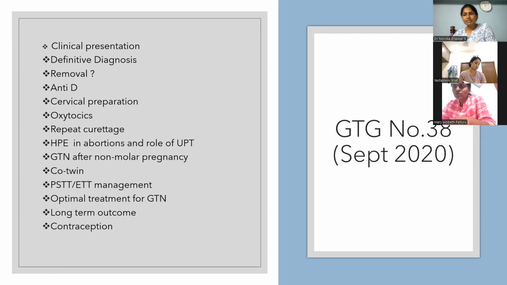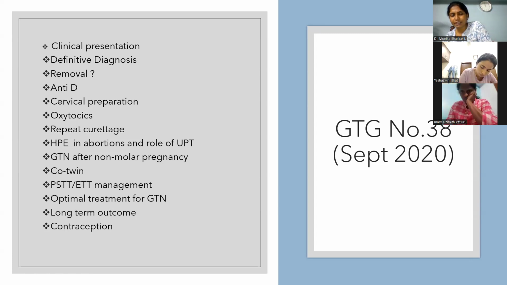Okay. Hello? So what does the GTG tell? I told you clinically, what is the clinical presentation? Even GTG tells that the complete hydatidiform mole presents with abnormal vaginal bleeding, the presence of preeclampsia, hyperemesis, or increased uterine size.